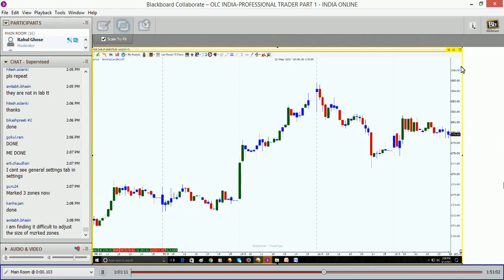The third zone that you've marked, Amitabh, you've not marked correctly, because if you see, your leg out candle is coming below the zone.